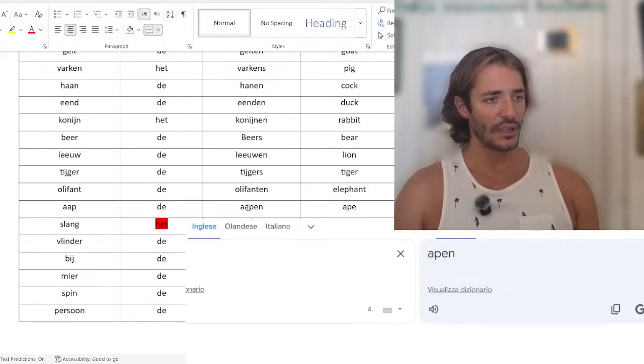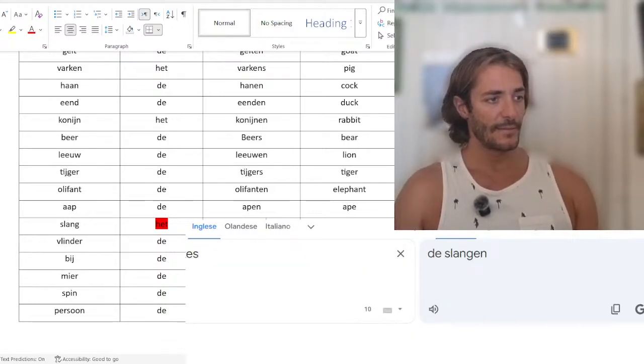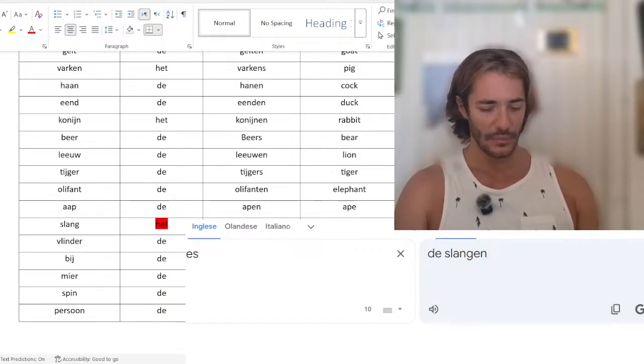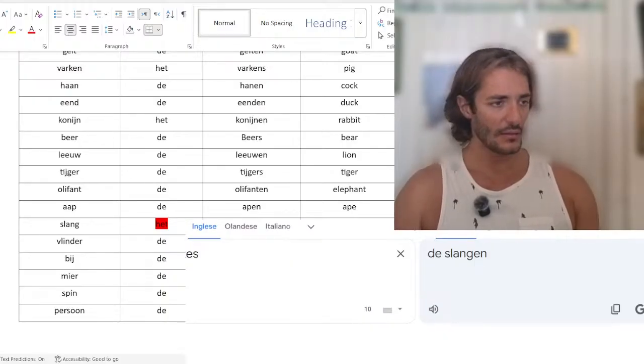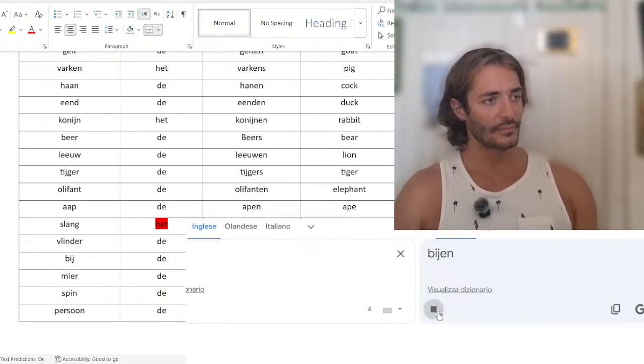Apen, yeah, only one ape. Het slang. De slangen. I suppose. The snakes. Yes. The vlinder. The butterfly. The vlinders. De bij. De bijen. The bees. Bijen, yes.